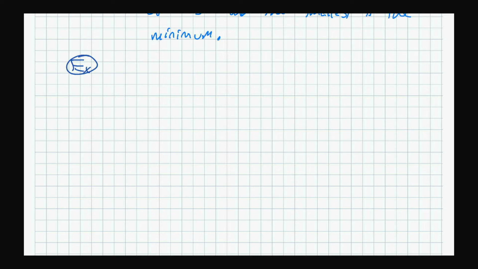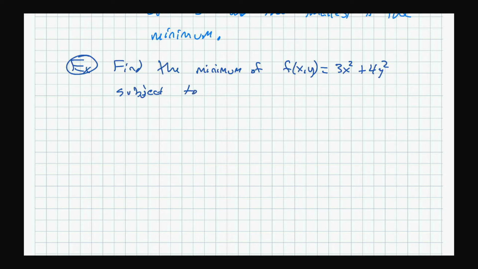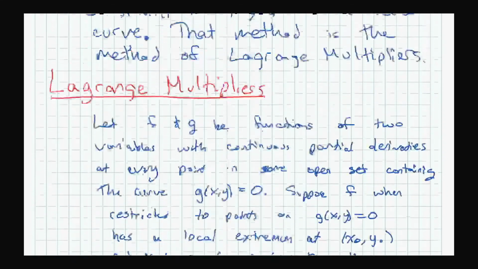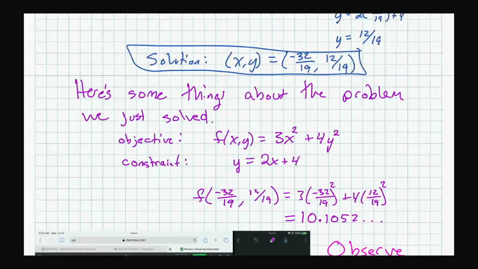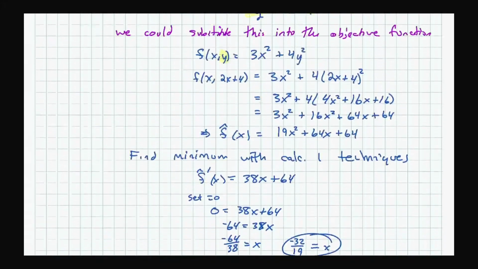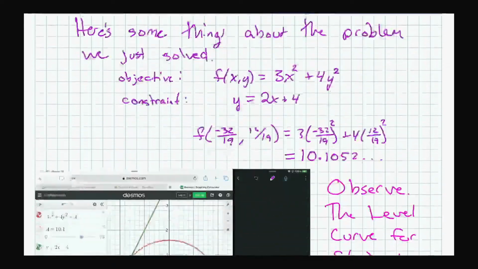Example: find the minimum of f of x, y, which was 3x squared plus 4y squared, subject to 2x plus 4 minus y equals 0. Let's double check that. Okay, yeah, that's fine.